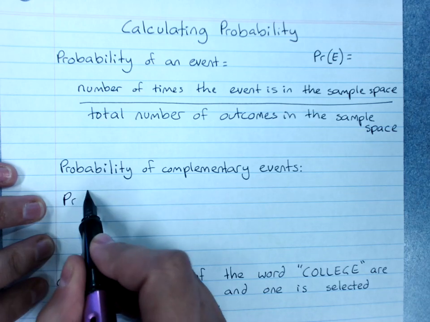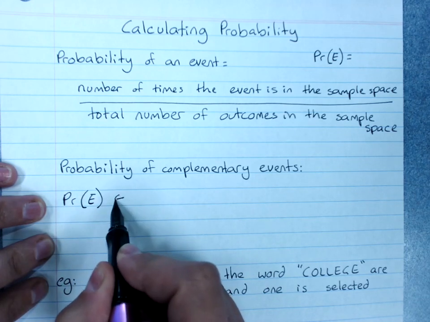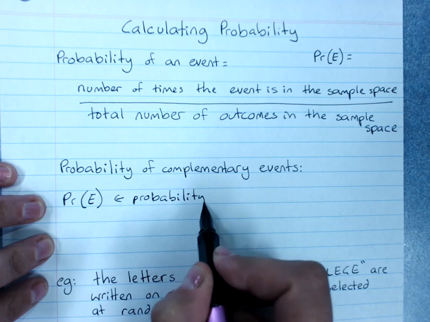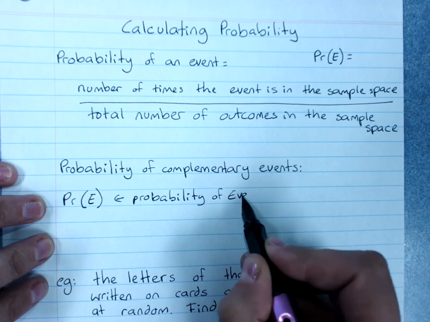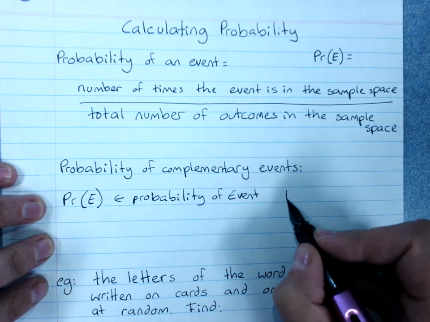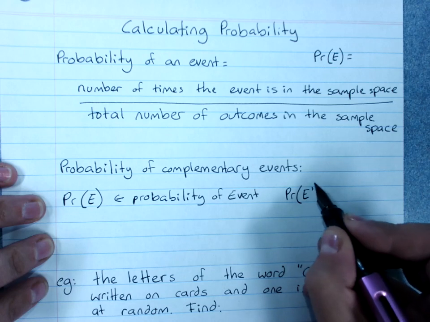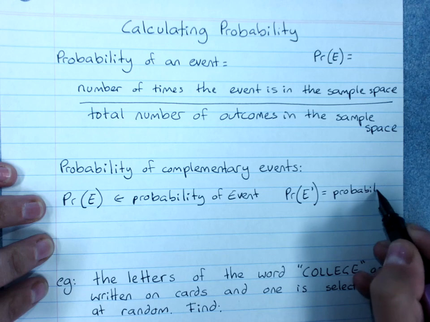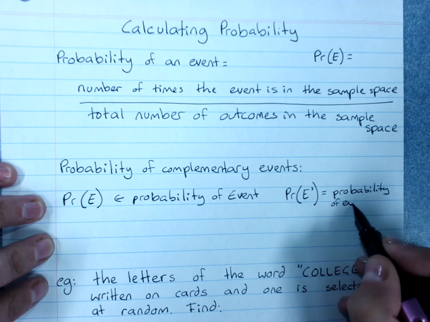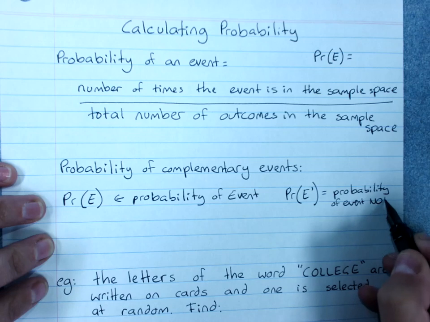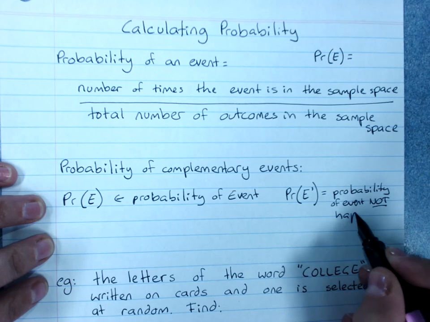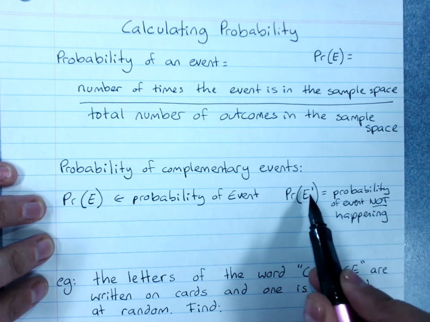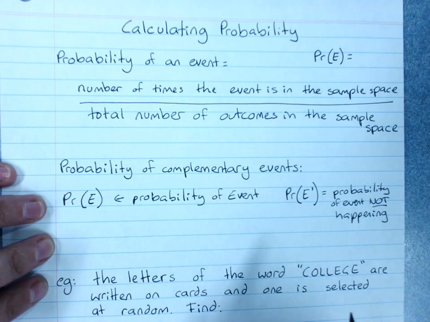So probability of E means the probability of an event, and probability of not E is the probability of the event not happening. Its complement. And you remember that little apostrophe after the event means not happening.